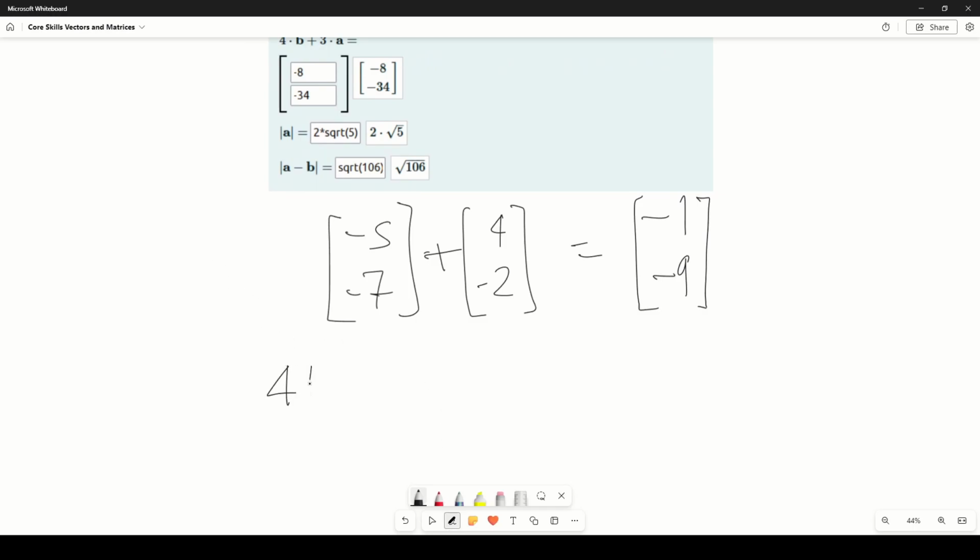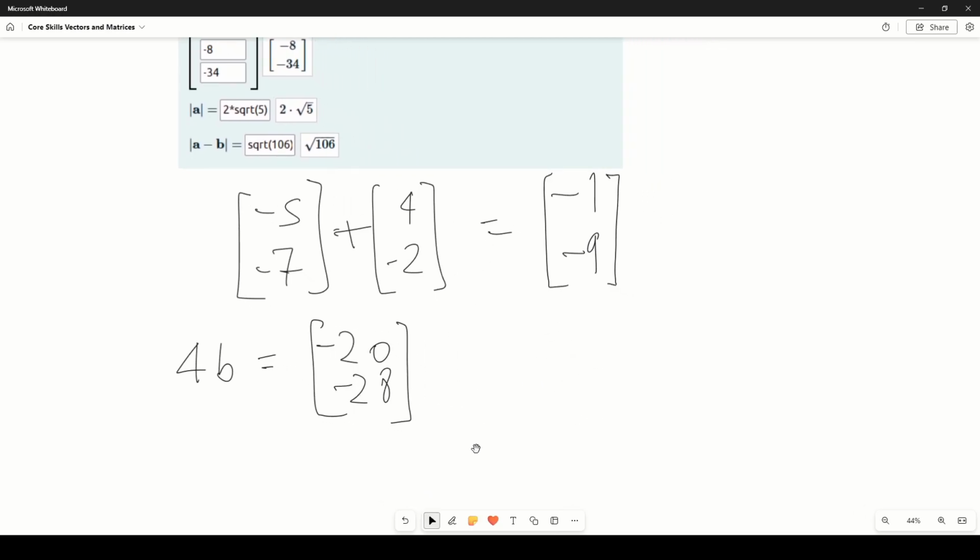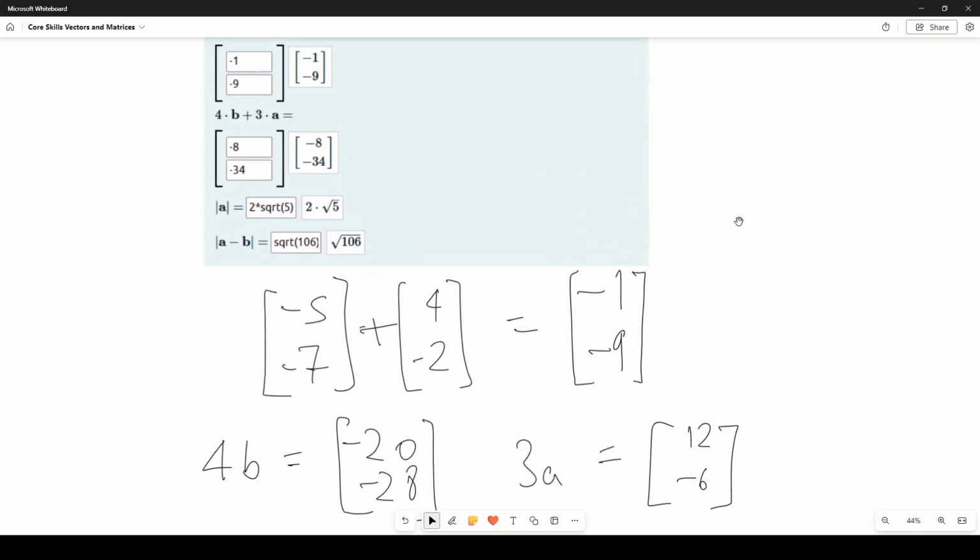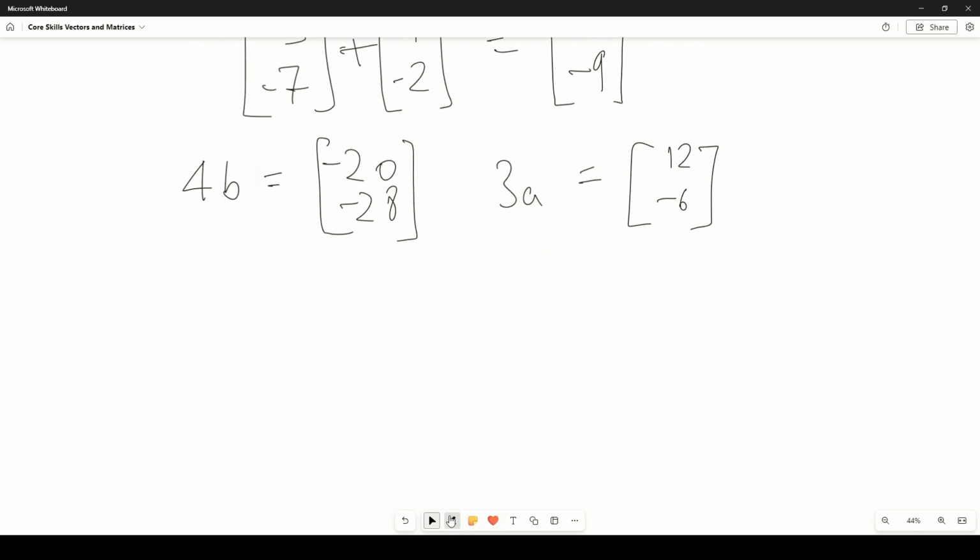So 4b is going to be minus 20 and minus 28. And 3a is going to be 12 and minus 6. And now we're going to add these together.